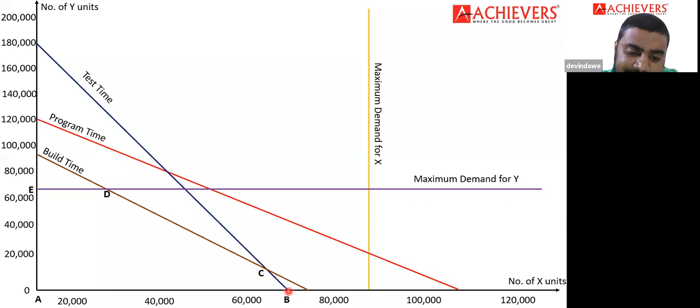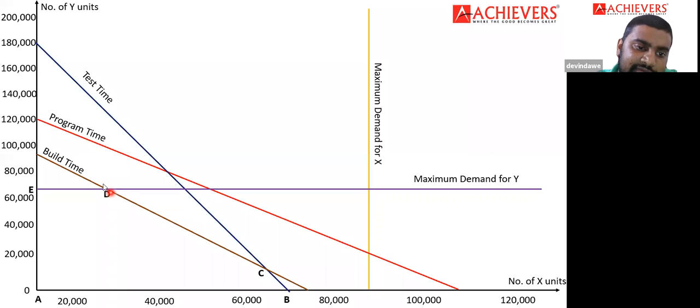Hitting any corner means you have reached the maximum level of resource or demand and you can't go any further. Once you hit that corner or constraint, you have to move along that constraint until you meet the next constraint, right? Then from that point, you move along the new constraint that you met.